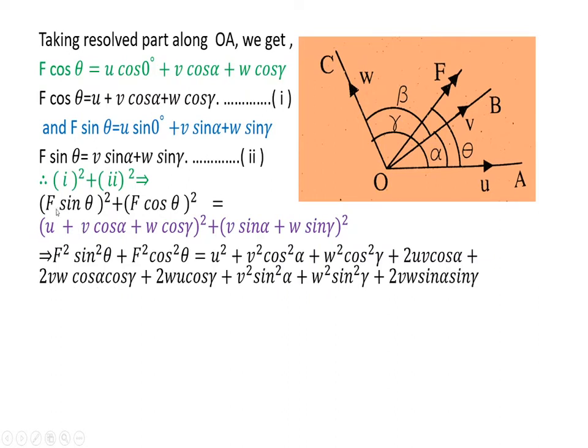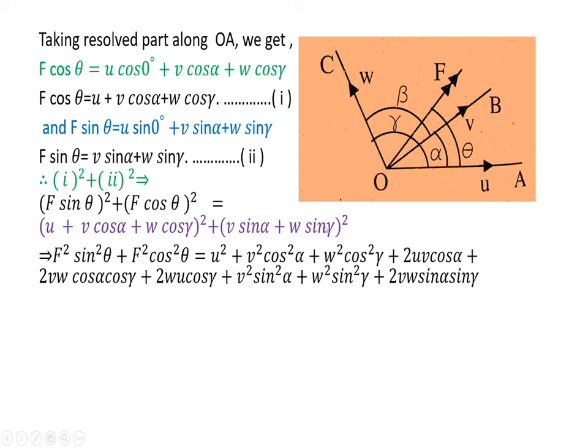From this we get F square sin square theta, and from this term we get F square cos square theta. Here we apply the a plus b plus c whole square formula. So here we get u square plus v square cos square alpha plus w square cos square gamma plus 2uv cos alpha plus 2vw cos alpha cos gamma plus 2wu cos gamma.